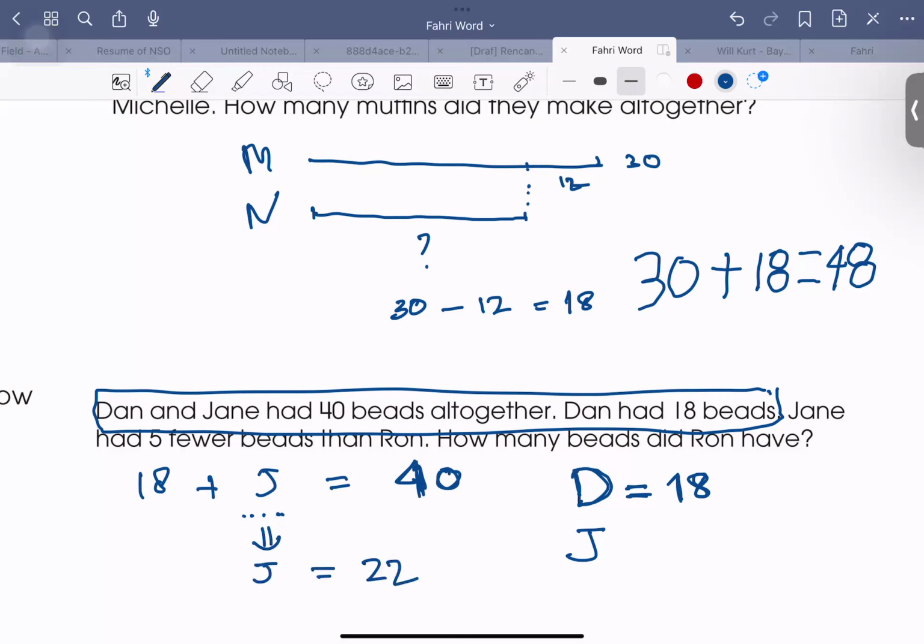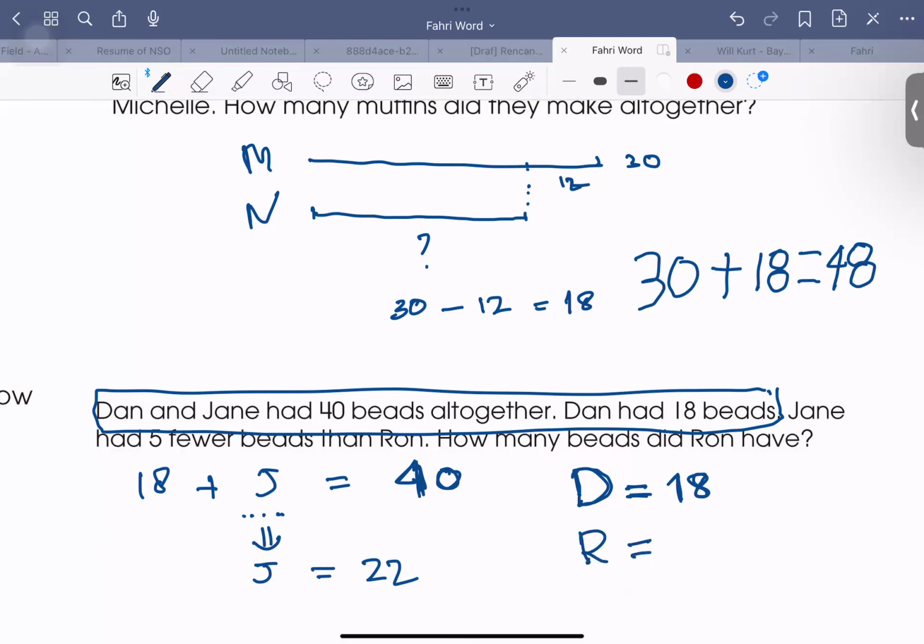Cool. And if Jane is 22, how about Ron? Jane had 5 fewer bread than Ron. So who has more bread here, Ron or Jane? Ron. Cool.